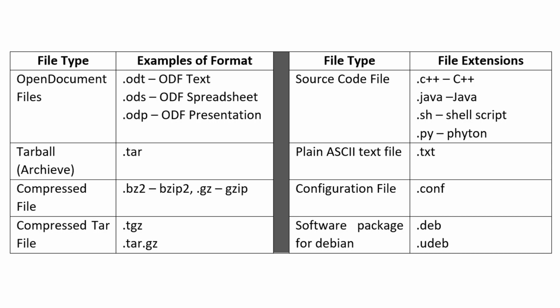For configuration files, we are using .conf, so if you find any file with .conf, it means it's a configuration file. And for software packages for Debian, if you find any .deb or .udeb, it can be used in a Debian system. We will learn more about software packages in the software package management topic.